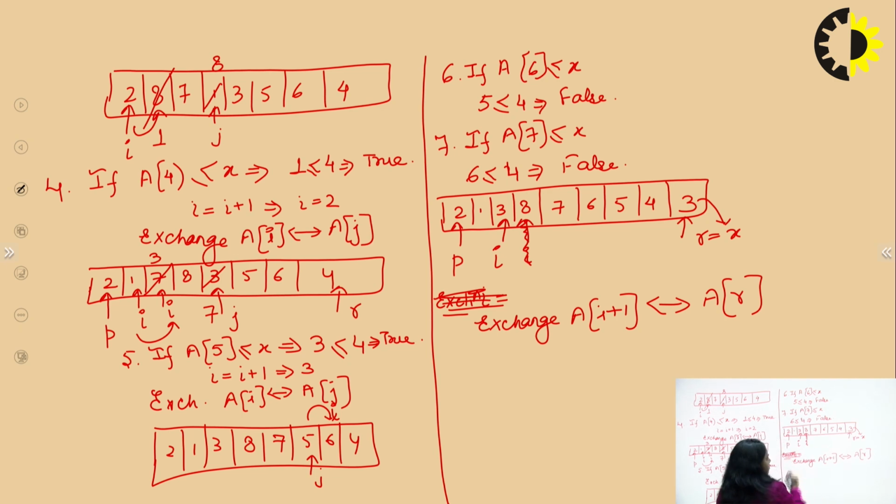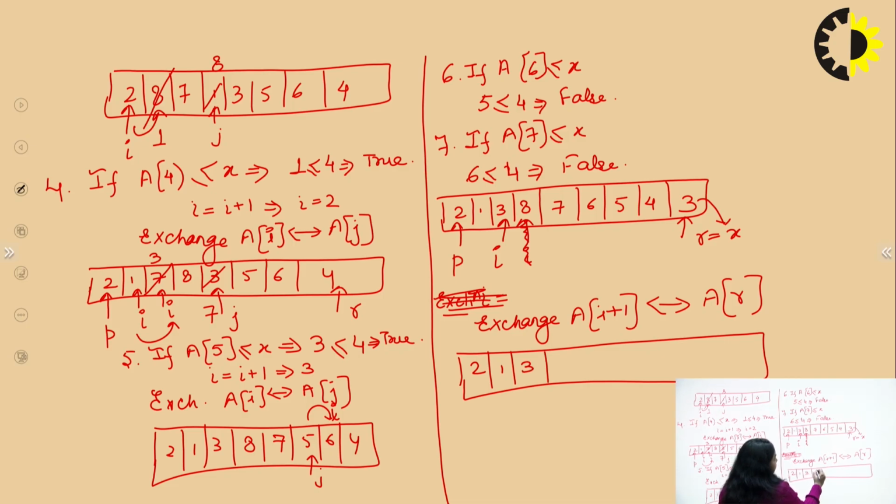Because we have considered this element as a pivot element, right? So after exchanging A I plus 1, it becomes 2, 1, 3. Then this element is 4, right? So 2, 1, 3, then 4, 7, 6, 5 and 8.